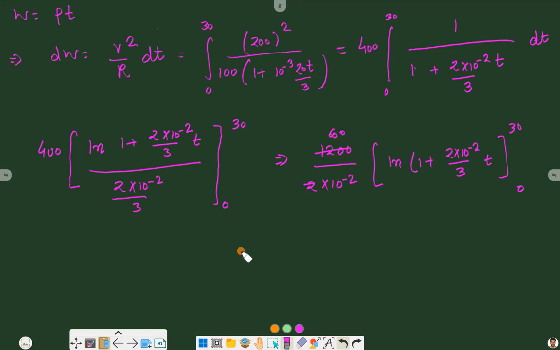This will give on the top 60,000, or 6 into 10 raised to power 4. Now putting these limits, we get ln of 1 plus 2 into 10 raised to power minus 2 into 3, multiply 30, minus ln of 1 plus 0. When we put t equal to 0, this whole term will reduce to 0.